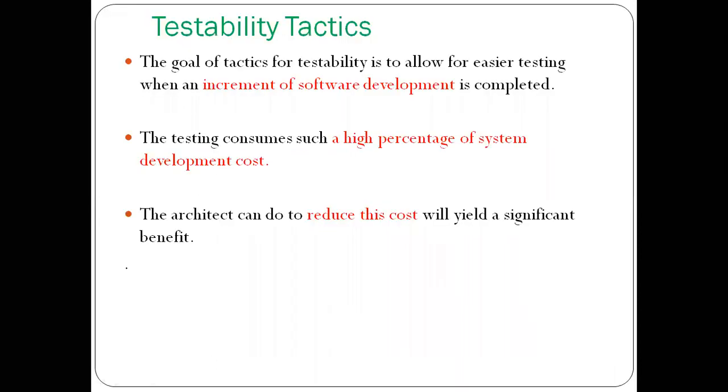And the next one is the testability tactic. Testability means that after completion of software development, we go for testing of that particular project. Compared to the normal work of the total project, testing also needs more budget.